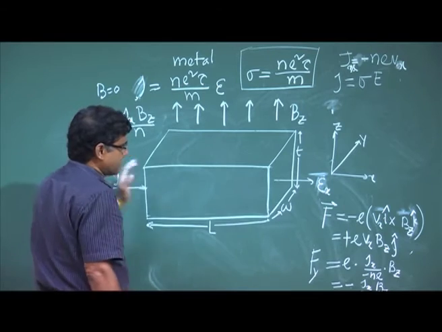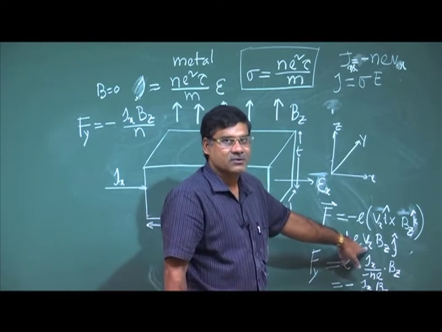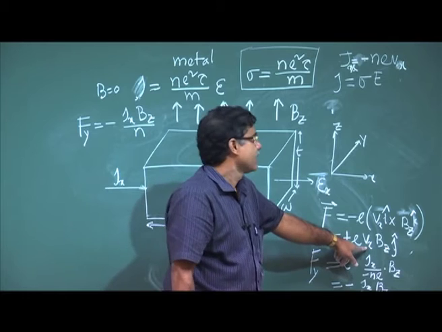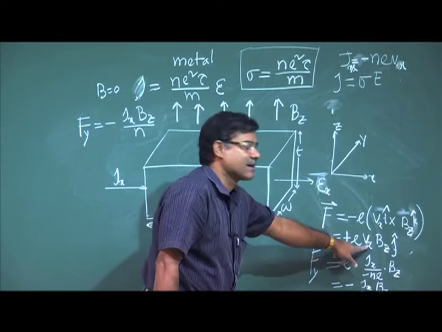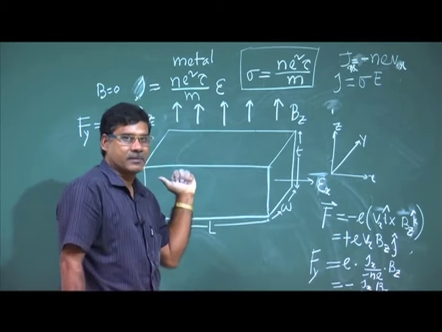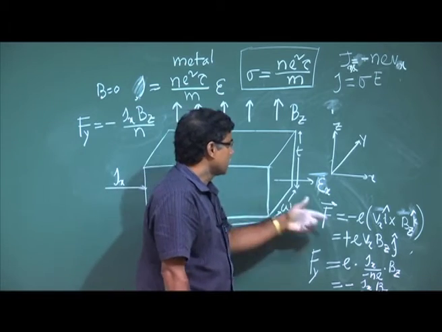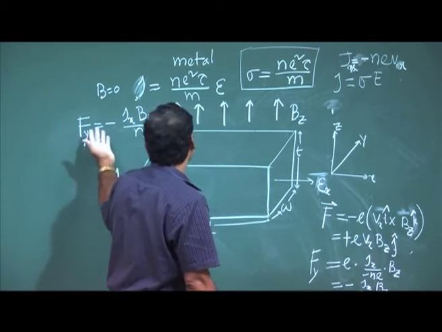Earlier it was difficult to say, because we do not know V_x; of course, one can take V_x as negative, because the electrons were moving along this direction, and the same thing will come.